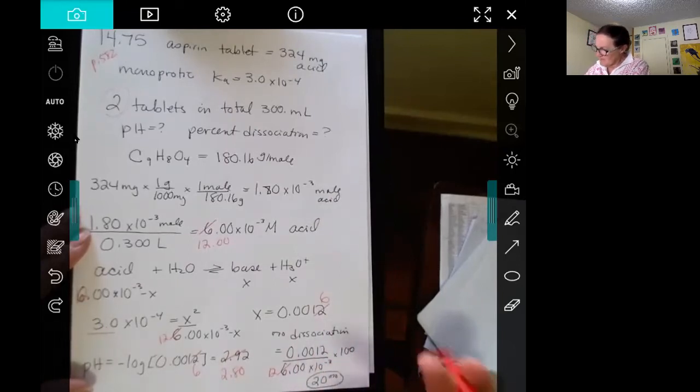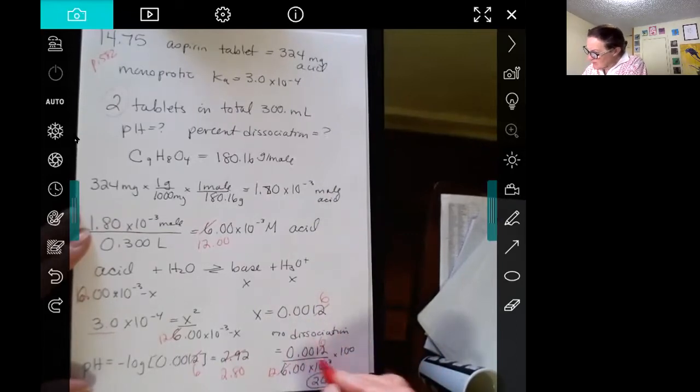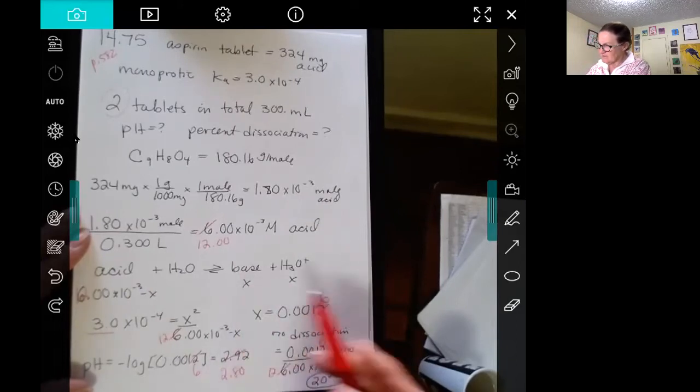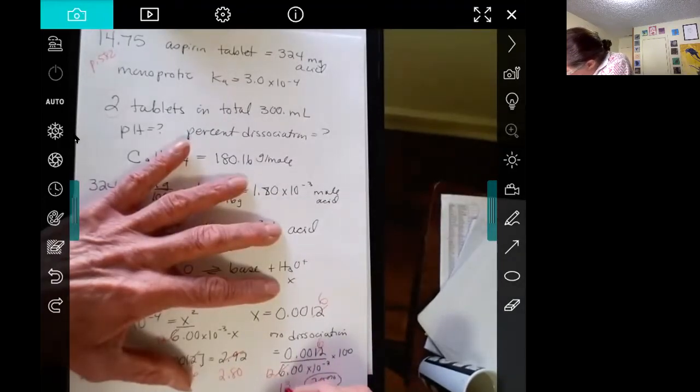And then the percent dissociation is how much dissociated, so x is the amount that dissociated, divided by how much you started with. So if I take that ratio, I get 13%.